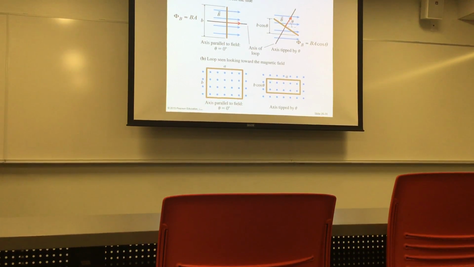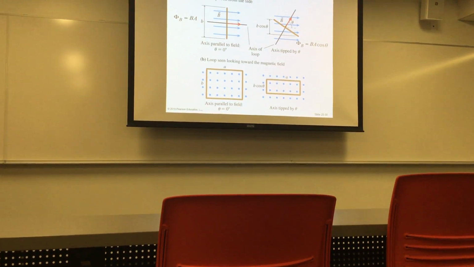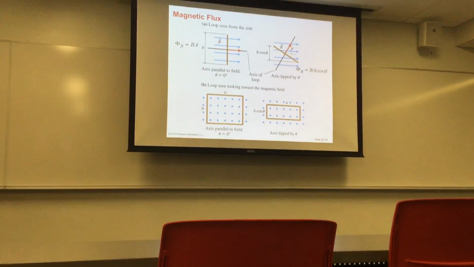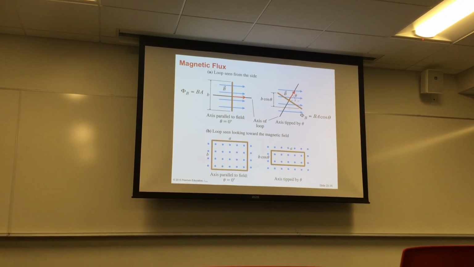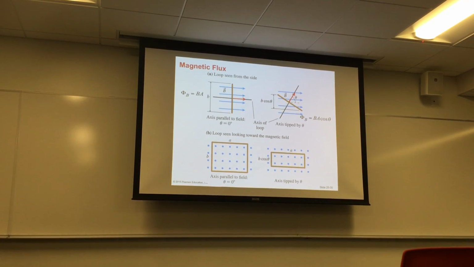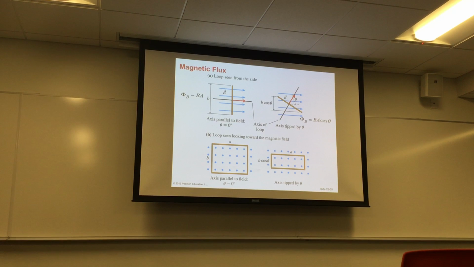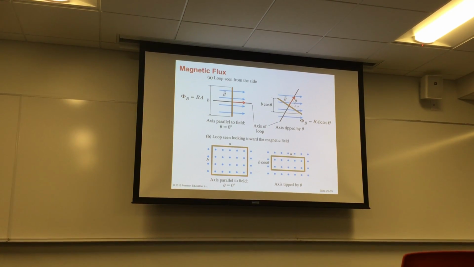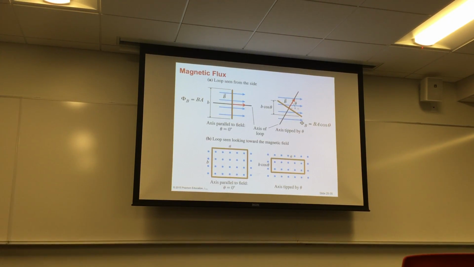If my eye is here, I see the whole square, and therefore the maximum magnetic field through that loop. But if it's turned, what I see is a much smaller loop, and so that's less flux. That also has that image to it.